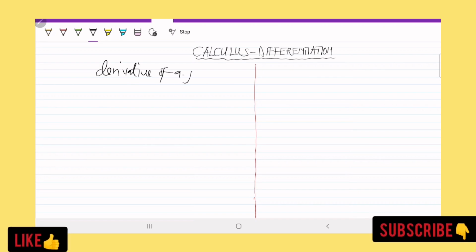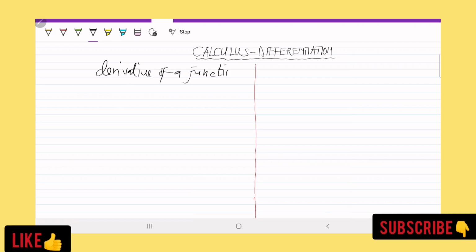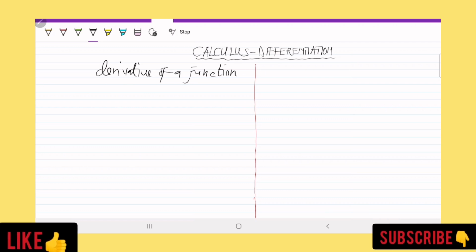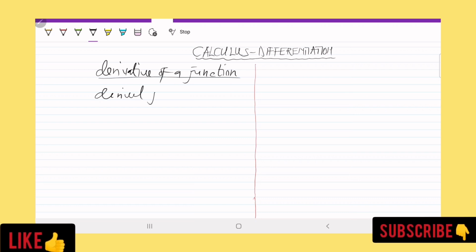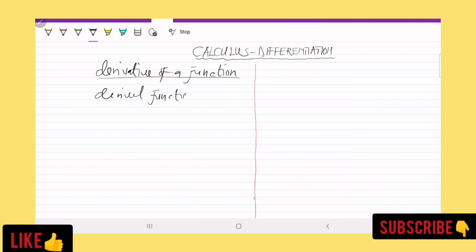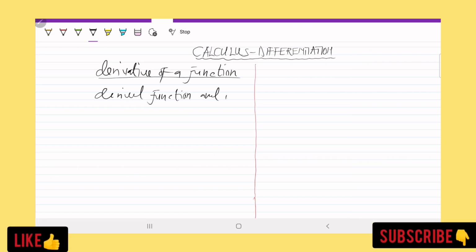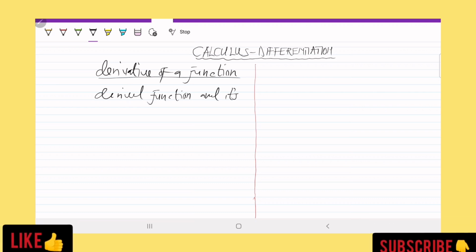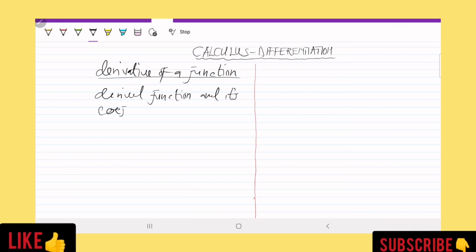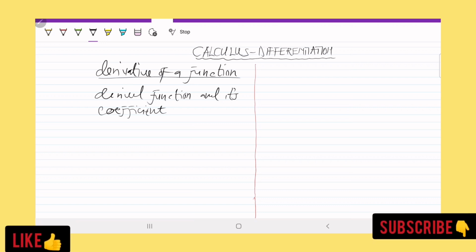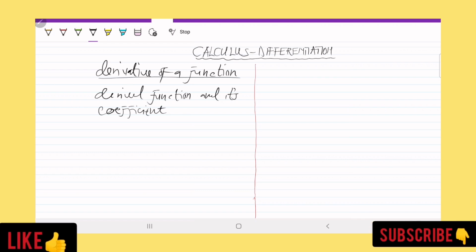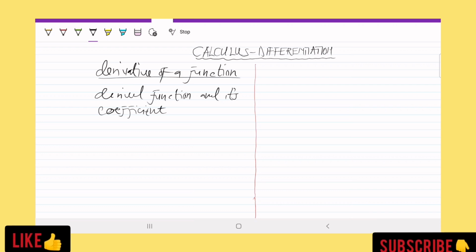The derivative of a function here can also be called a derived function and its derived coefficient.